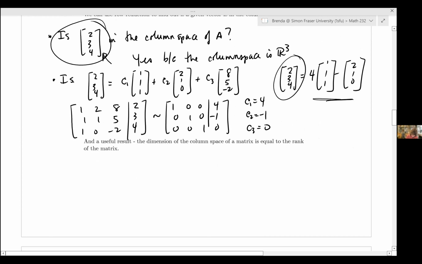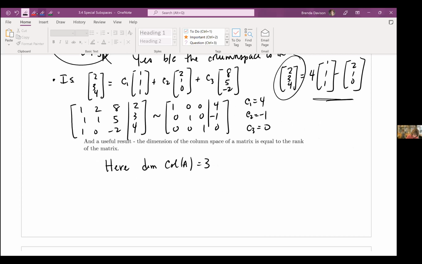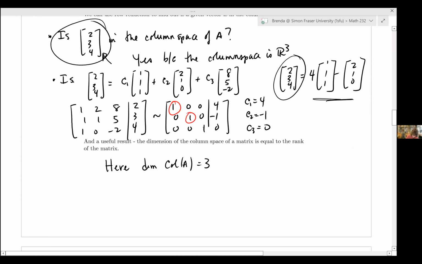It is the case that the dimension of the column space is equal to the rank of the matrix. And we're going to see more about this coming soon. Here we have that the dimension in this example of the column space of A is 3. We already figured that out. And then we'll just take a look at this matrix. When we row reduce it, we see that we've got 3 leading ones.